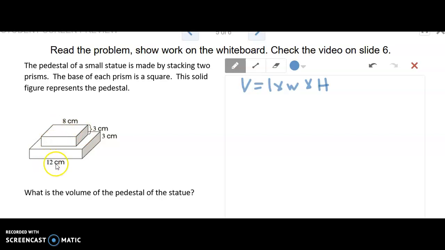That means that their sides are all the same length. So what I'm going to do is find the volume of the small base, or pedestal, and then the volume of the larger one on the bottom, and then I'm going to add them together. So let's fill in what we know about the small length.